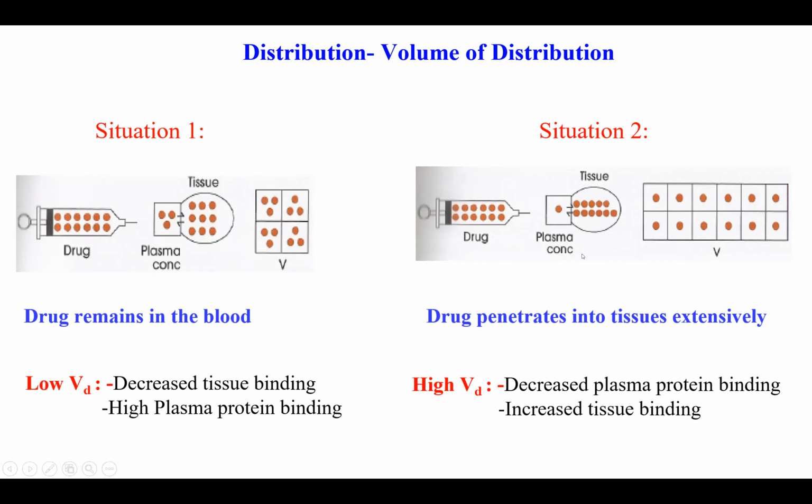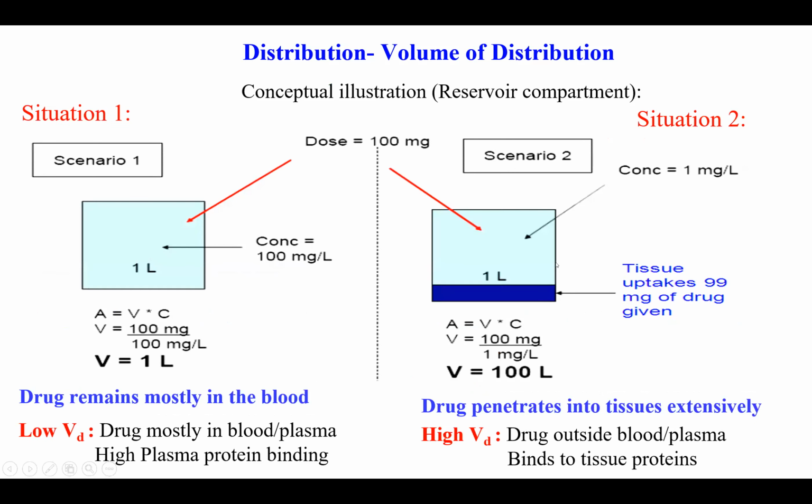And if we have a high volume of distribution, it means the drug has penetrated the tissues already. There is increased tissue binding and the drug does not really bind so much with the plasma proteins.